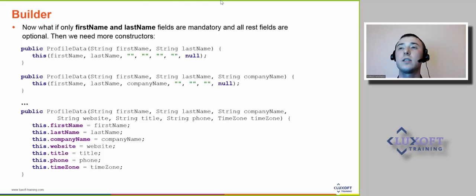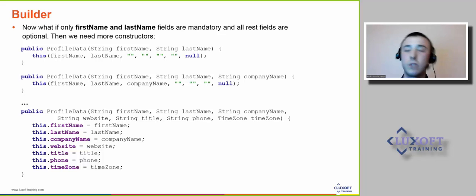In this case, we will need more constructors. So it will be a constructor for mandatory fields. It will be a constructor if you also want to initialize the company field and so on. We will have a lot of constructors for every optional field.